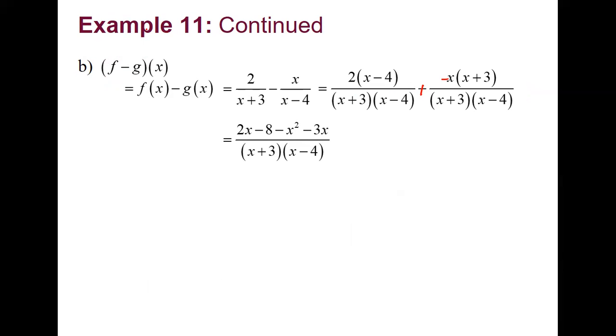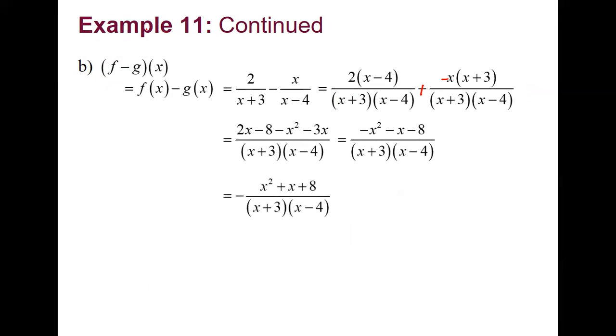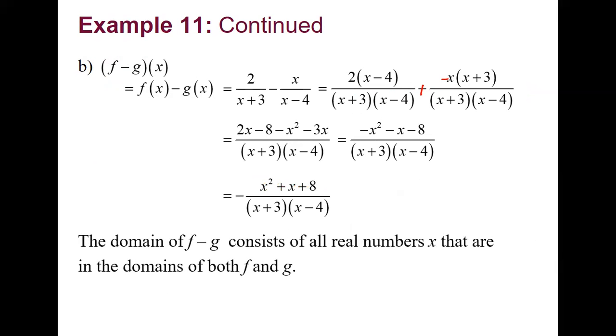So you distribute the negative, combine like terms, continue it through. Here's your final answer. Your negative can either be in the front, notice how I factored it out and put it in the front, or it can be part of it. I really don't care. And my domain did not change. It's still the joint domain because my denominator still can't equal 0.